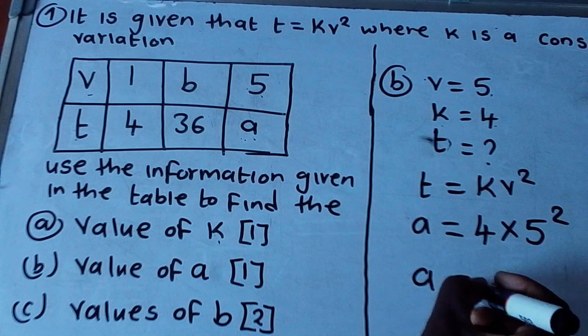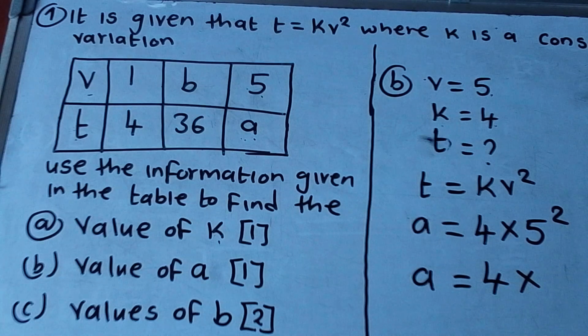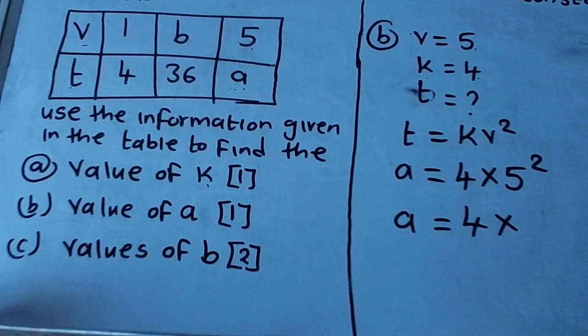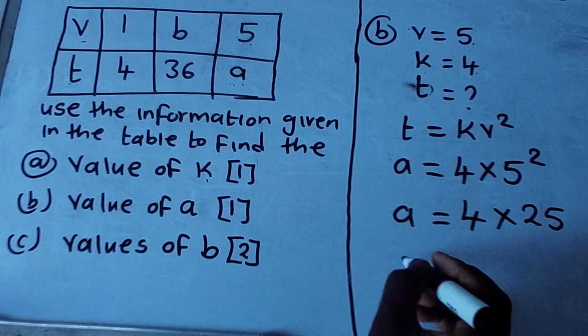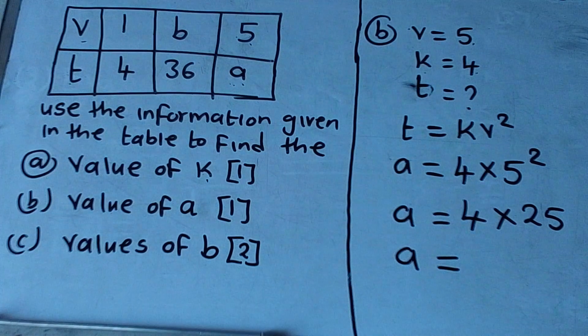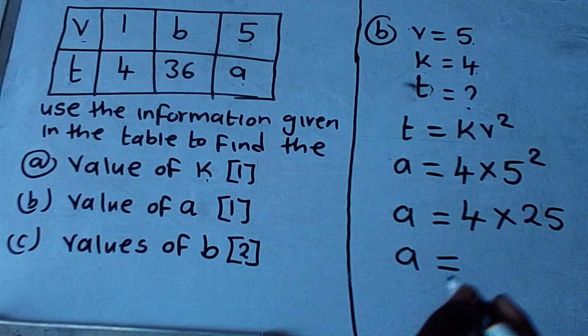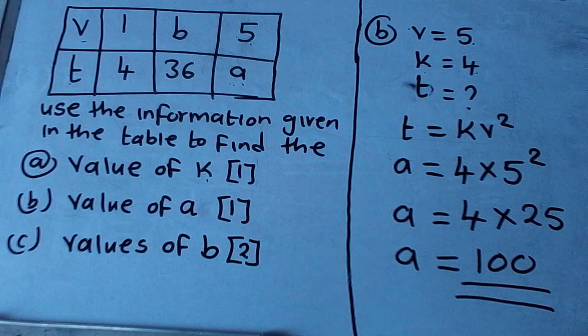So A is equal to 4 times 5 squared. 5 squared is 25. So you know that A is equal to 4 times 25, which is 100. This is how you find the value of A.